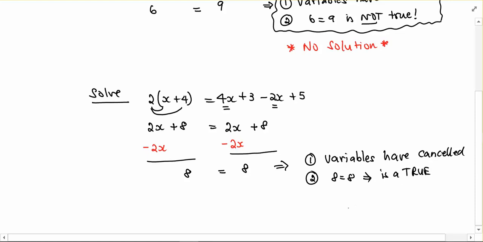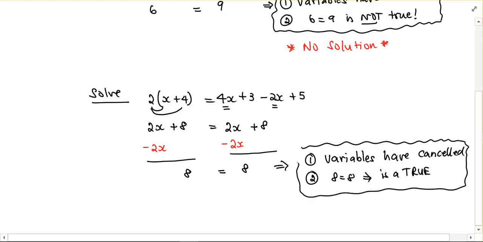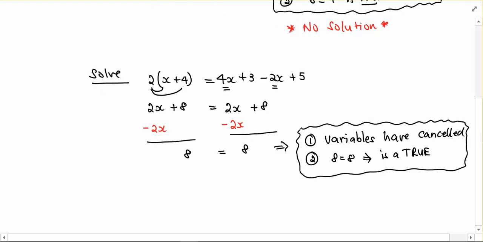Right? So what does that mean? So if this happens, well, it turns out that you have an infinite number of solutions, right? Infinite number of solutions.